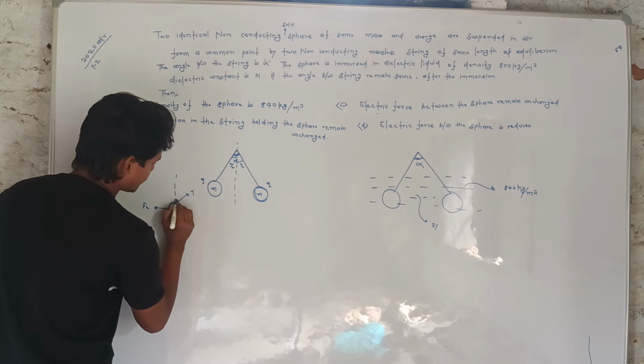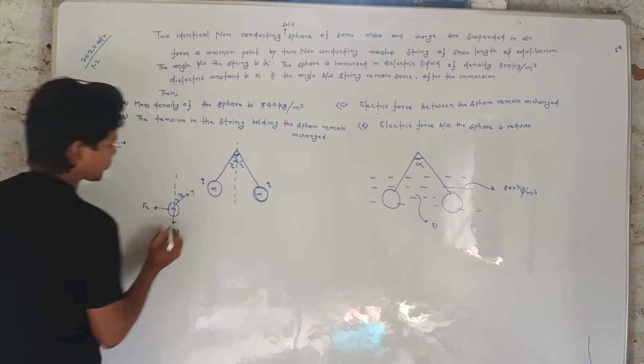So from the vertical, the angle is alpha by 2.